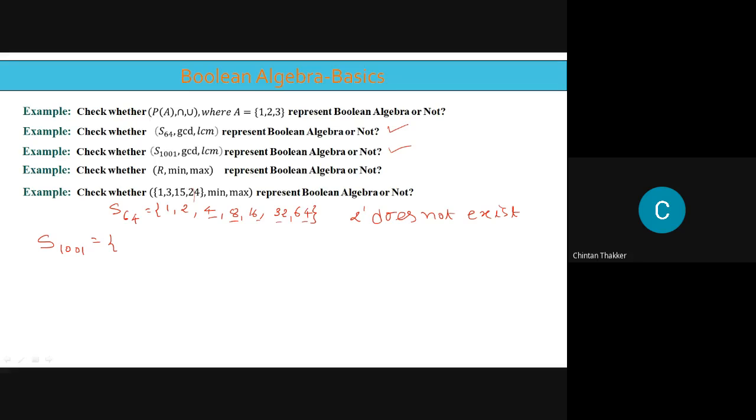Is it divisible by 7 or not? Yes, it is divisible by 11 and 13 also.